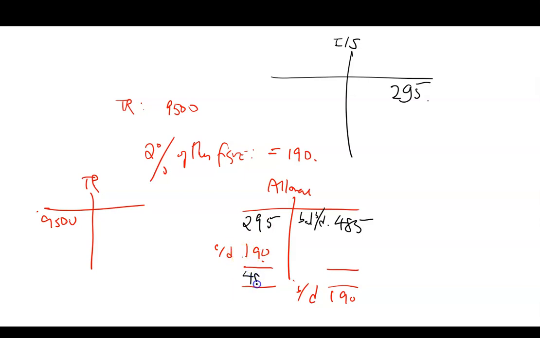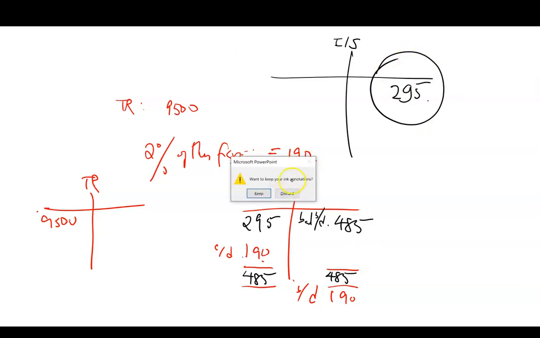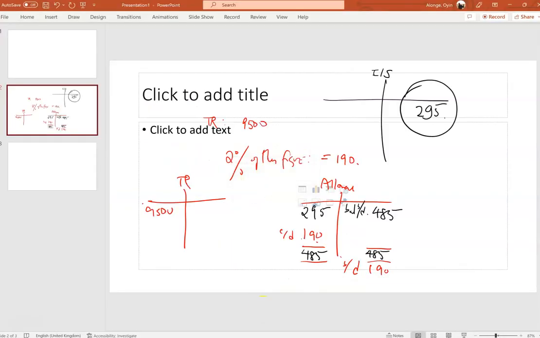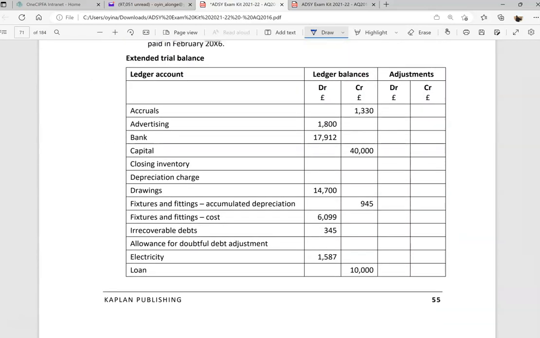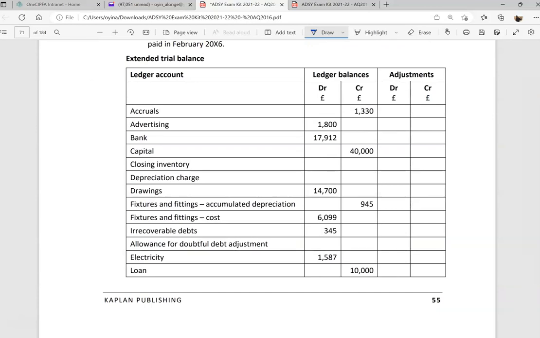And so this of course will close out 485, but the figure I will have in the income statement is 295. So let's look at what's happening here. I should have 295 here, and 295 here.